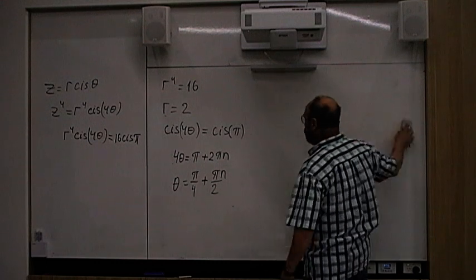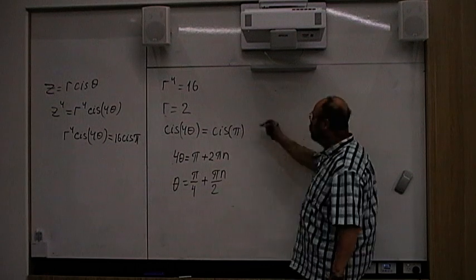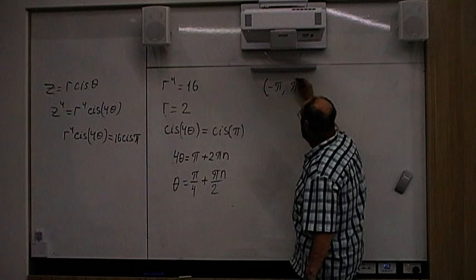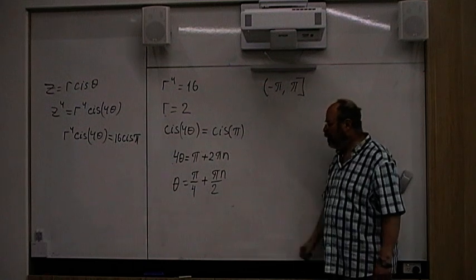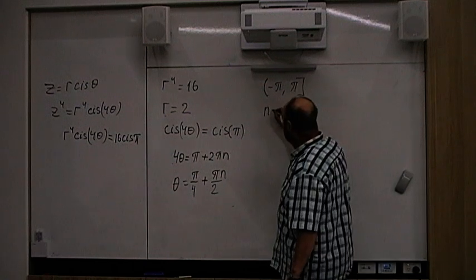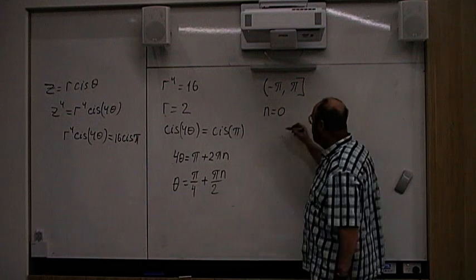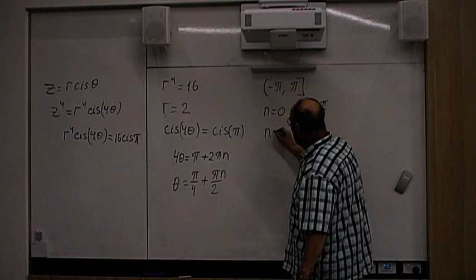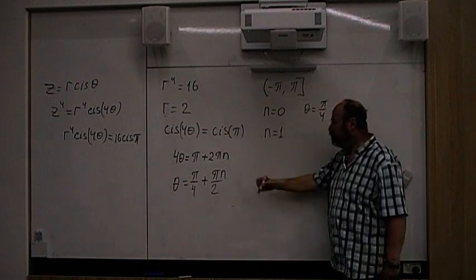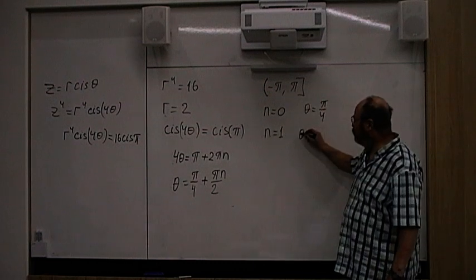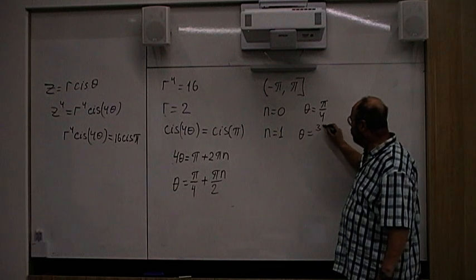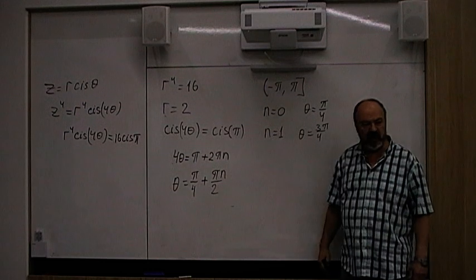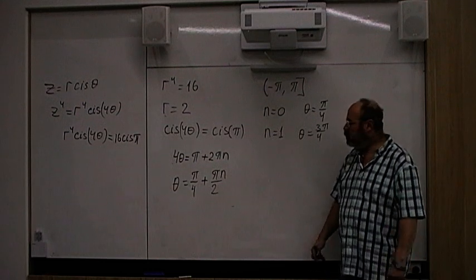Let's consider which of them, because all our solutions must be in the interval from minus pi to pi. Take n equals 0, we get theta equals pi on 4. n equals 1, theta equals 3 pi on 4. If you take n equals 2, we get a number greater than pi, so we stop here.